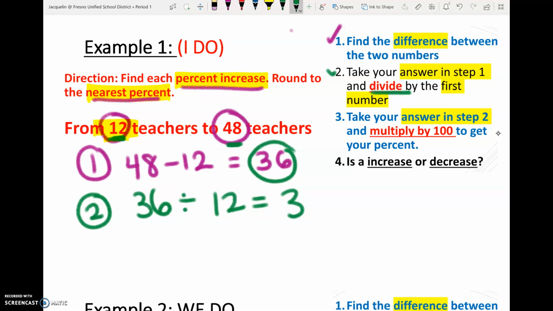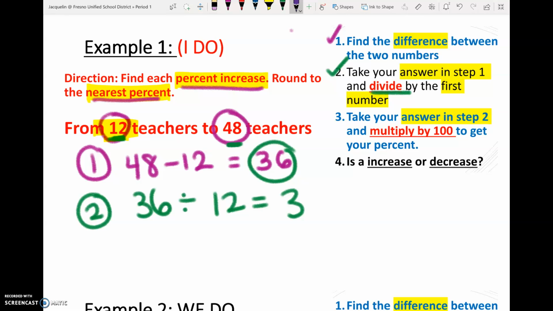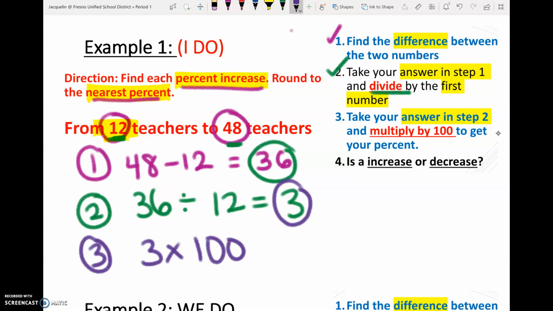We're done with step 2. We are going to move on to step 3. In step 3, it states that take your answer in step 2, which is 3. We're going to multiply by 100 to get the percent.